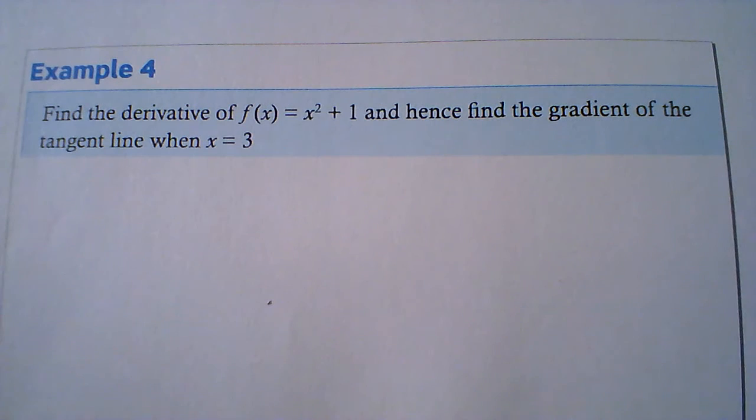Use the information you just got to determine the next answer. Hence means you must use the answer you just got in your working for the next answer, okay? There's also hence or otherwise, which means you can use what you did, or if you know a better way, go ahead and do that, okay? Hence or otherwise. This is hence, meaning whatever you find, you have to do. So you would plug in 3 for x in the answer that you got?